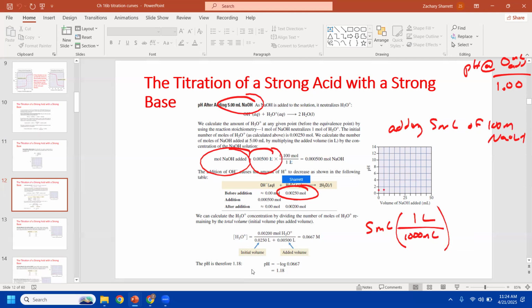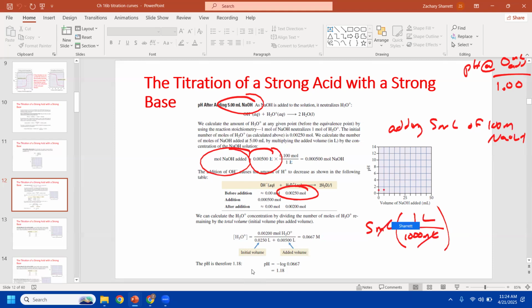In this case, they manually do it; they know that 5 mils is 0.005 liters. You can do it that way if you're comfortable doing that calculation in your head. As you do this more and more, you see that it's pretty straightforward to go from mils to liters when you practice it a lot. It's easy to make mistakes when you're only doing it once or twice. So that's why I have you practice the homework so you can get used to doing it.